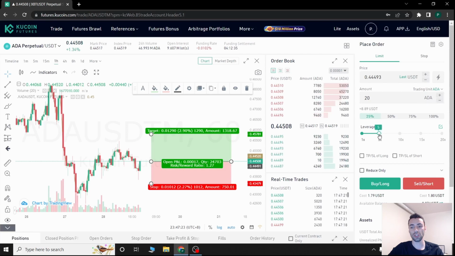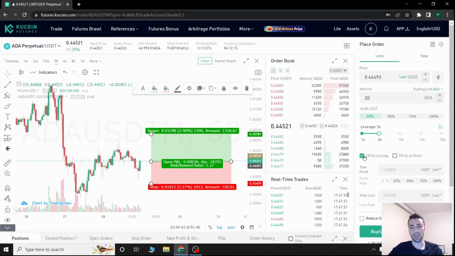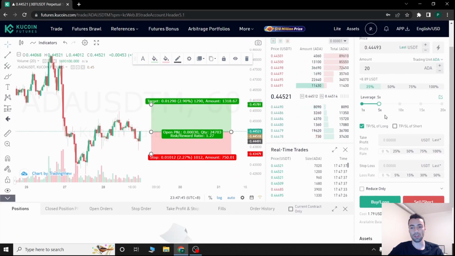For this position with a leverage of 5, we need to pay 1.79 USDT, and the rest KuCoin is going to lend to us. If you want to buy or long, we can also have the TP and SL, which are our target and stop loss.